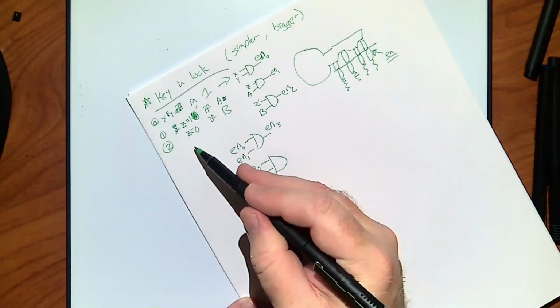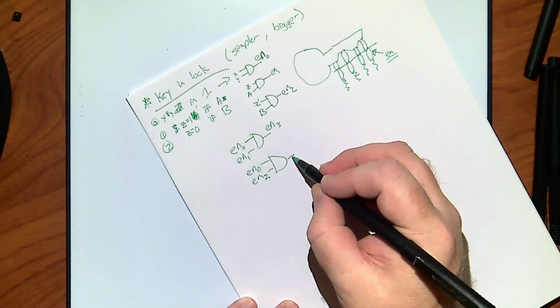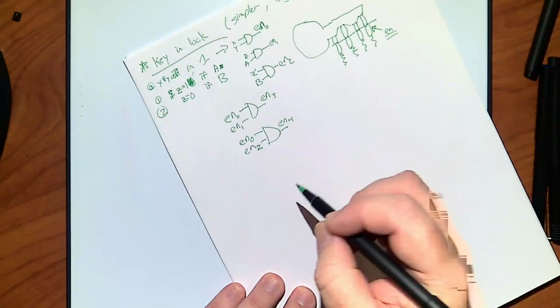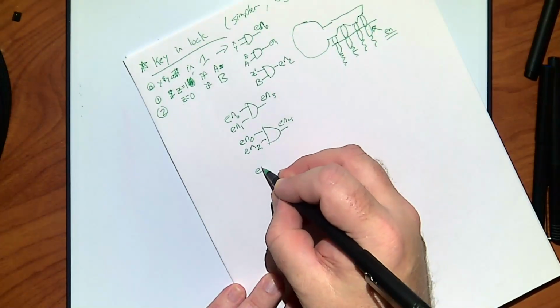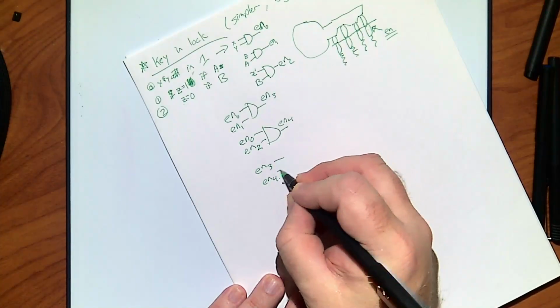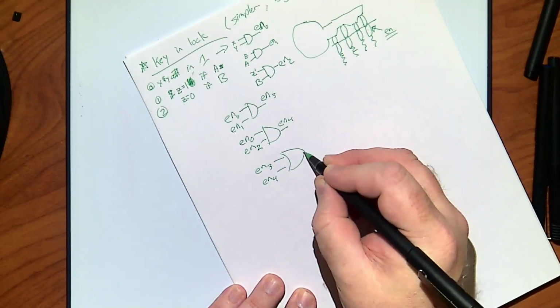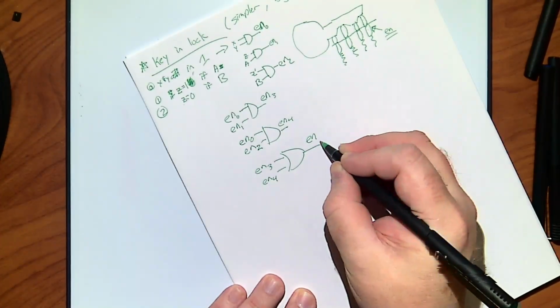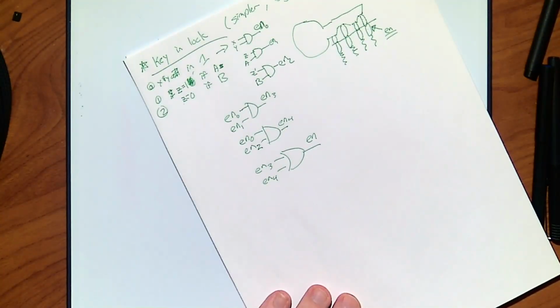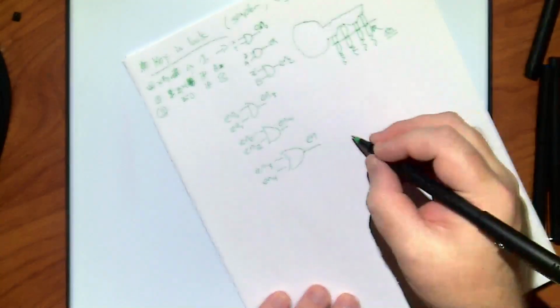That means all these were met and this was met. All right, that's my enable 4. And if either of these are good, I'm done. So enable 3, enable 4, stick it into an OR gate, and this is now my master enable, no subscript. Yay, enable, right? And then all I have to do is this enable.